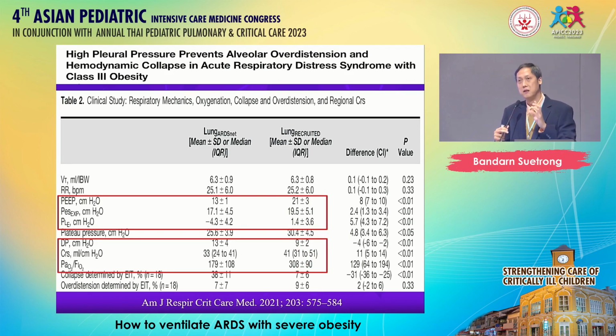So the first modality to titrate PEEP is by using esophageal pressure to monitor pleural pressure and set the PEEP just above that level of the pleural pressure.